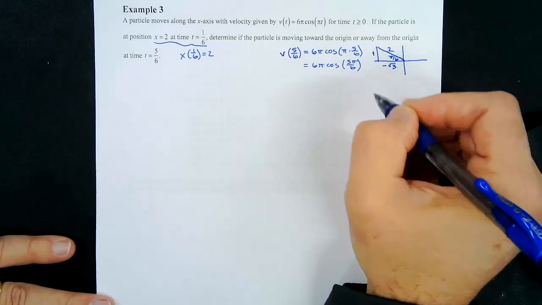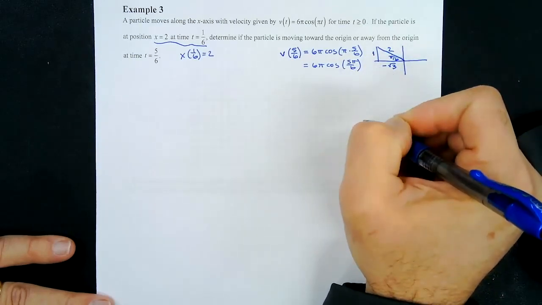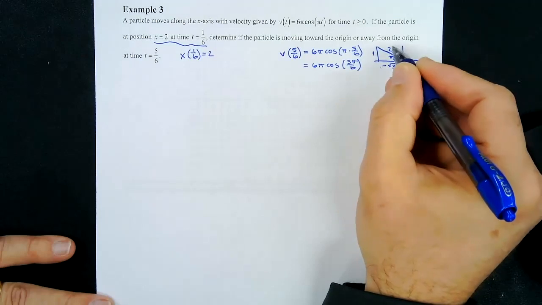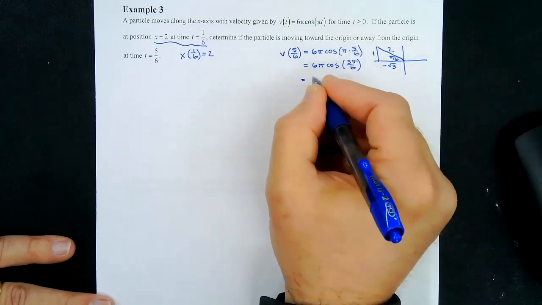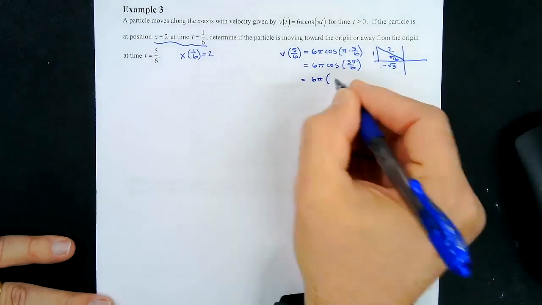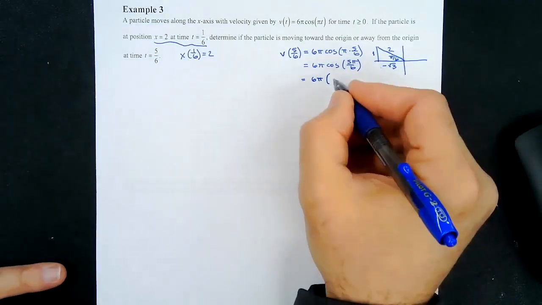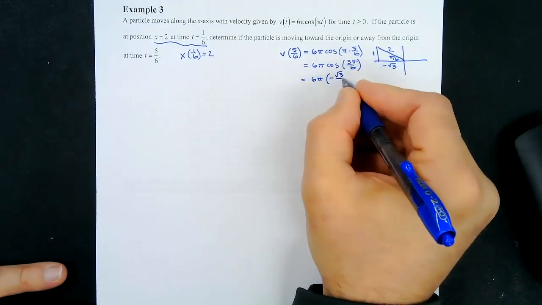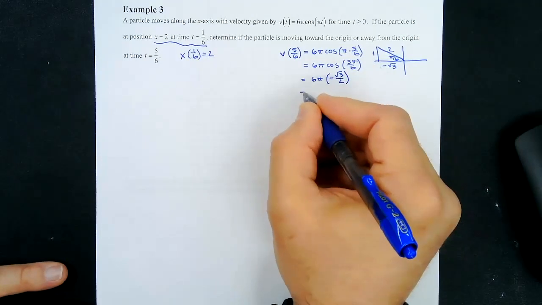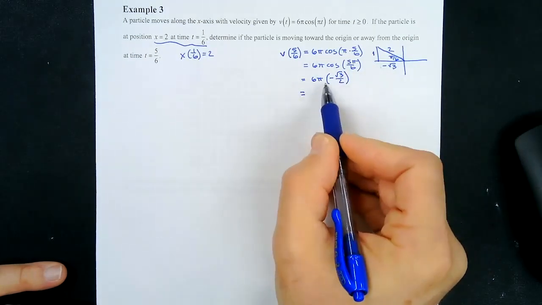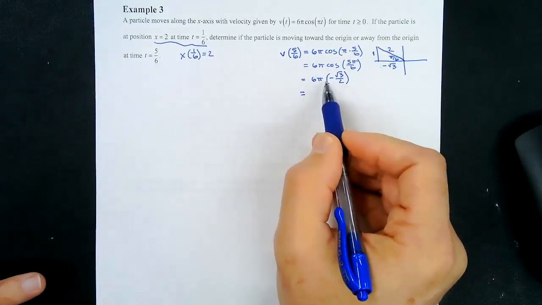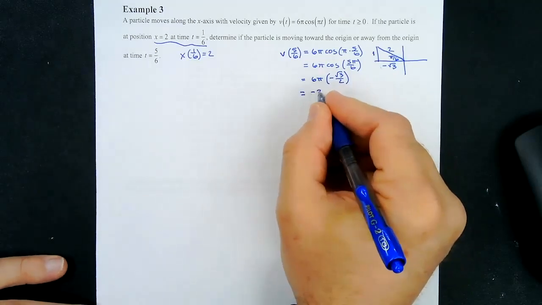So cosine of 5 pi over 6 is negative square root of 3 over 2. So we have 6 pi times negative square root of 3 over 2, which gives us negative 3 pi square root of 3.